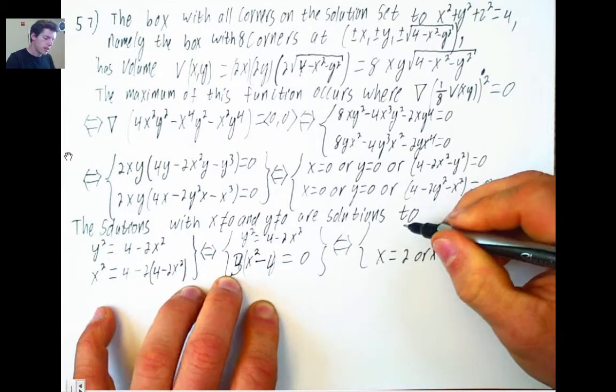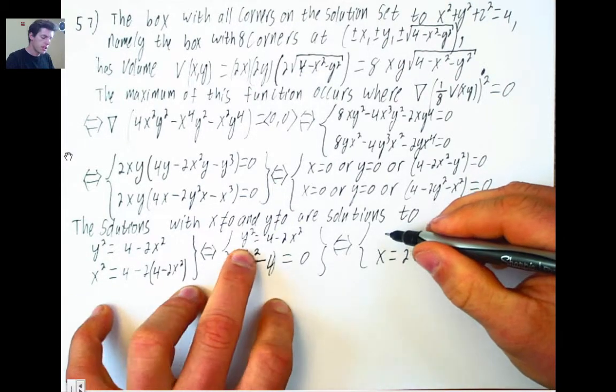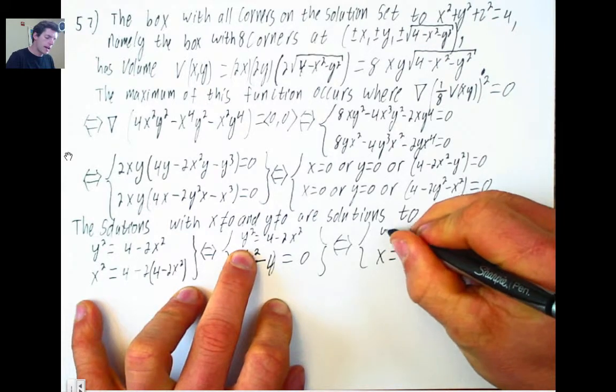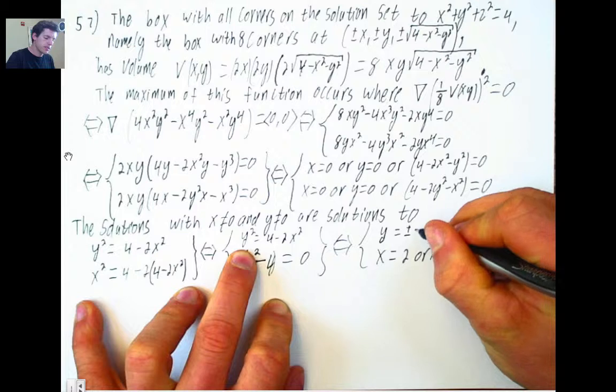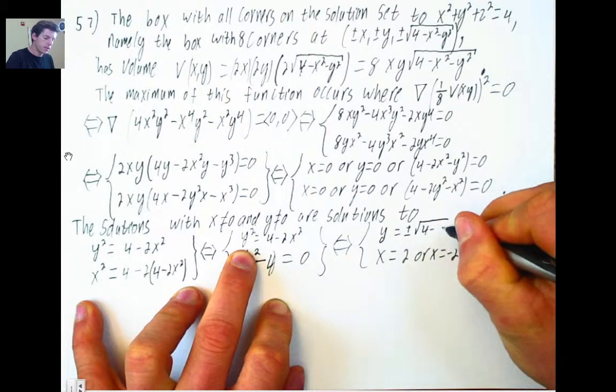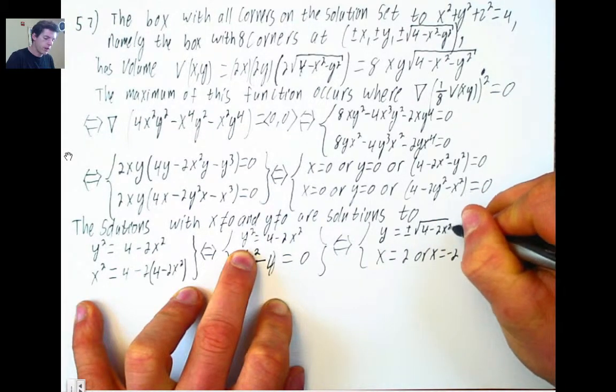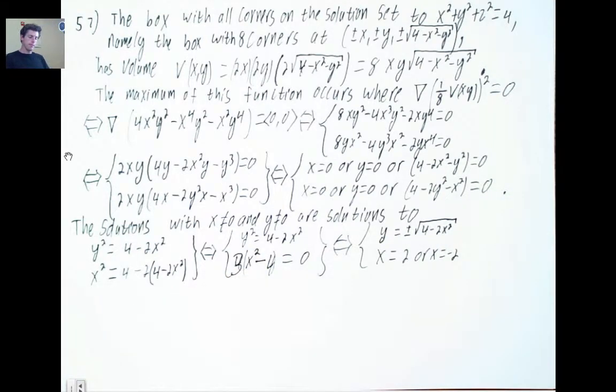And I could use that up here. y is plus or minus the square root of 4 minus 2x squared. Well, the solutions to this, I am a little bit worried that I might have made a mistake somewhere.